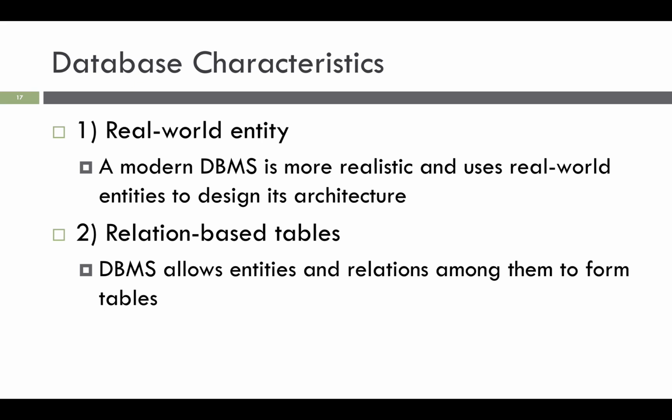For example, a school database may use students as an entity and their age as an attribute. It also has relation-based tables. It allows entities and relationships among them to form tables.